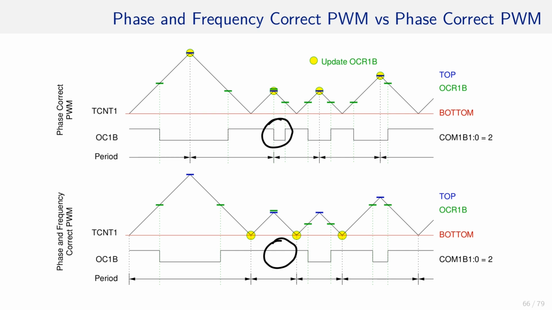In the upper diagram, this right side here after the top can be different from this part. This is due to the fact that OCRnB has been updated when TCNT reached top. It is not possible to do that in the phase and frequency correct PWM. The waveform is always symmetric around the top value of TCNT1.